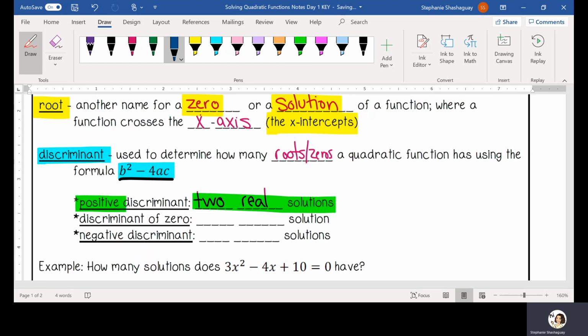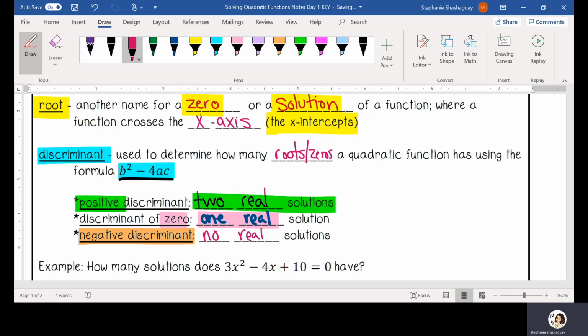If your discriminant is zero, then you have one real solution. Okay, so if we have zero, there's one real solution. Now, if there's a negative discriminant, then there are no real solutions.